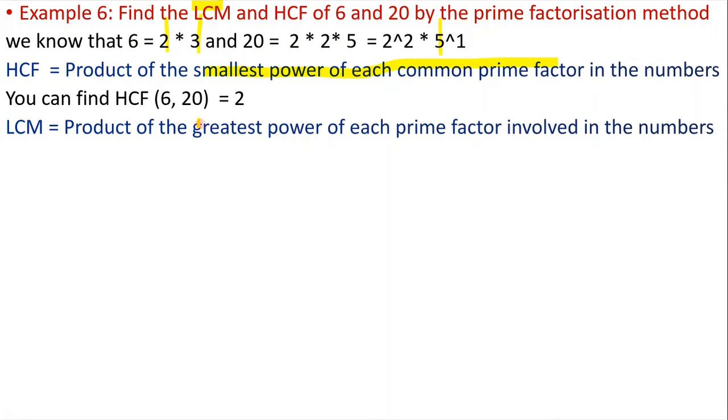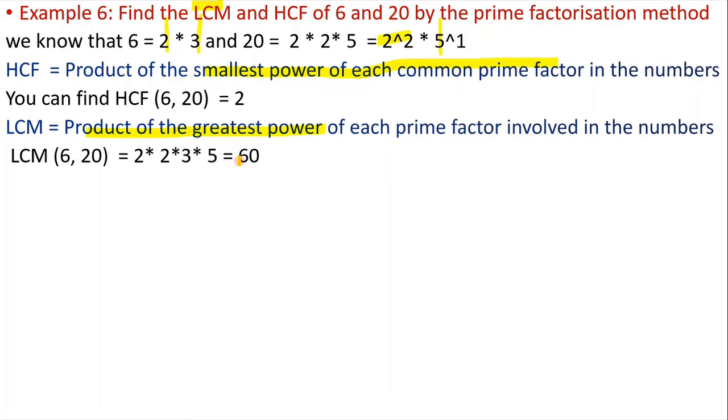LCM always deals with the product of greatest powers. For 2, the greatest power is 2 power 2, for 3 it is 3 power 1, and for 5 it is 5 power 1. So the LCM of 6 and 20 is equal to 2 power 2 into 3 power 1 into 5 power 1, which is equal to 60.